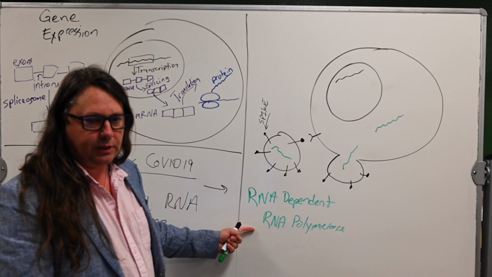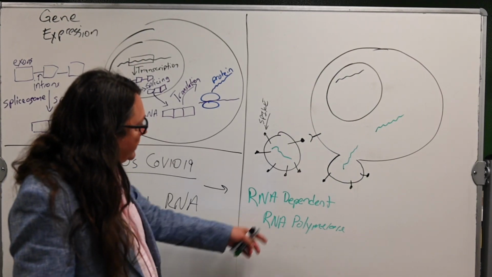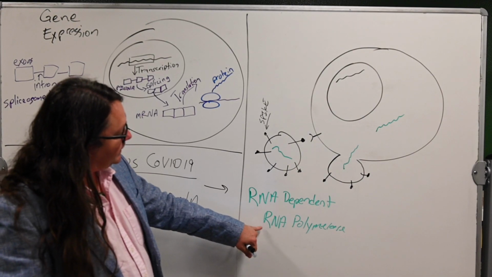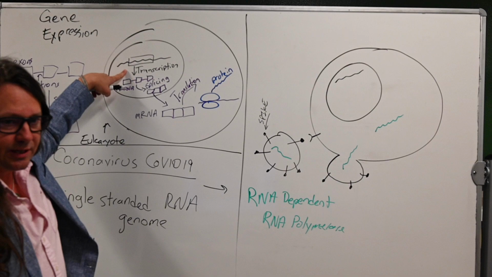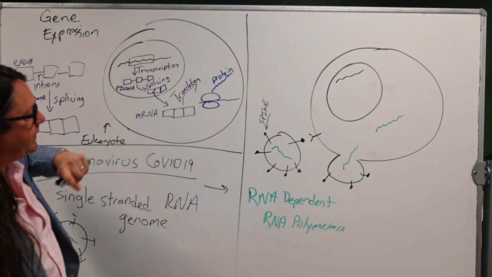It says it in its name. In the chat, mRNA. Yes, RNA polymerase makes RNA. And in the case here, it uses DNA as its template. So this is a DNA-dependent RNA polymerase.